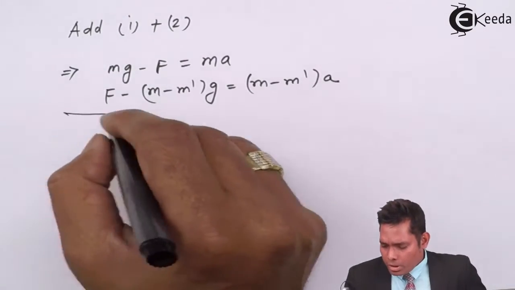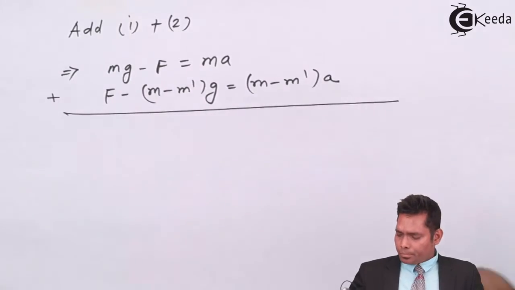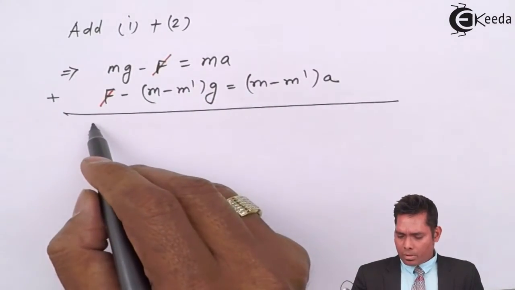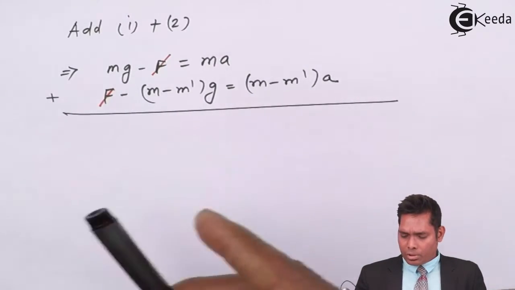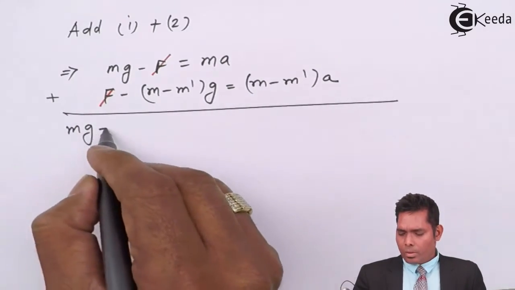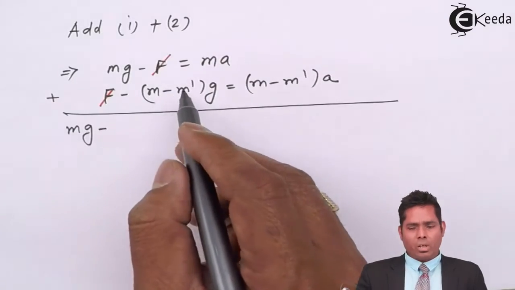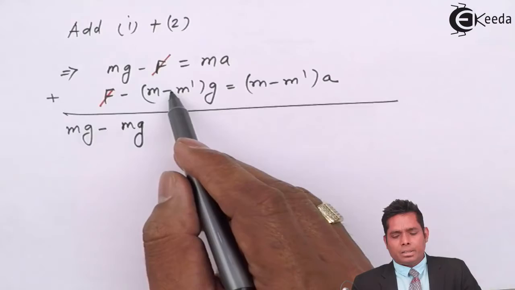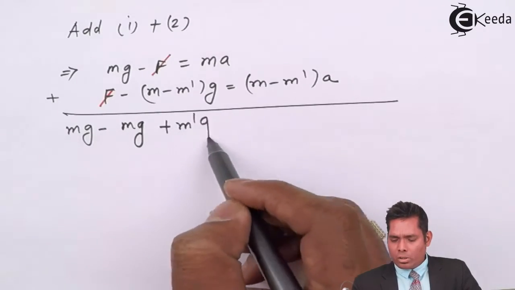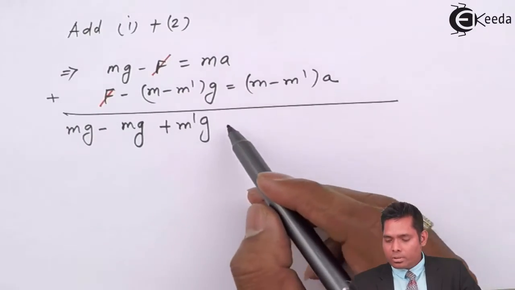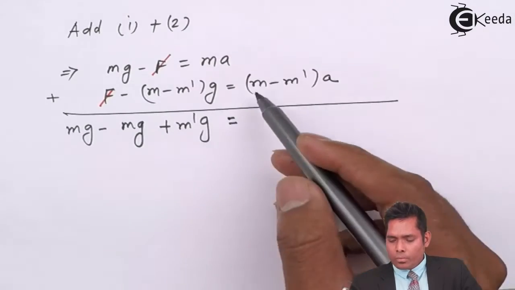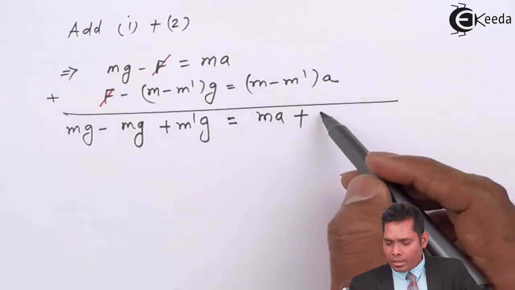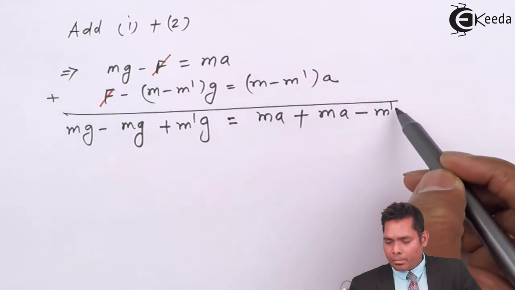If I add these two equations, this force f will cancel out, and the equation becomes mg minus, if I open the bracket and write down, minus mg. This minus plus, so it is plus m prime g. G is multiplied to both the terms. This equals ma, plus this one. If I open the bracket, this is ma minus m prime a.